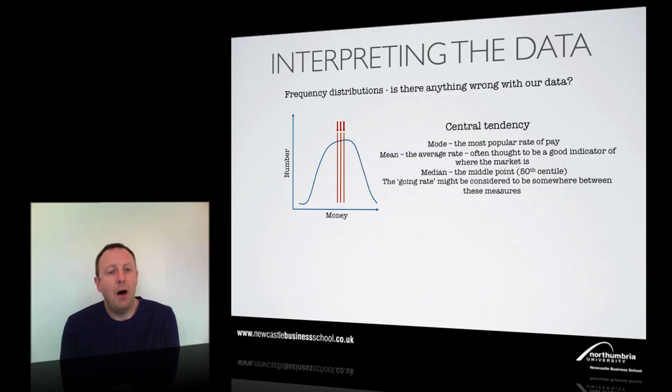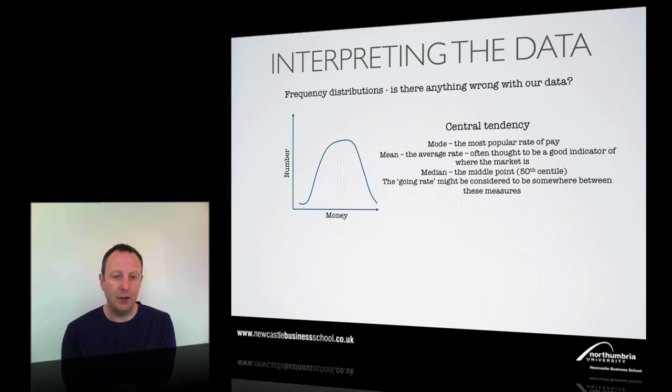The market rate itself might be around any one of these measures, and again, this isn't a scientific approach, it's a sense of playing with these figures and thinking about what looks like the best reading of the market, and some of this is about art and judgment rather than a hard scientific measure.